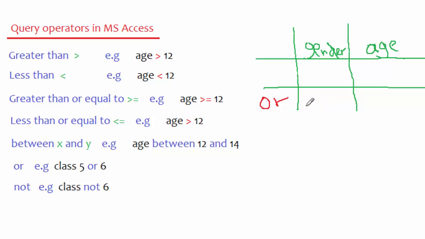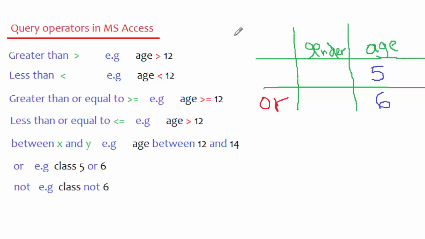So if I want students whose age is 5 or 6, I will just come here and write age 5 or 6, like this. So this is just like saying I want students whose age is 5 and 6, or the other way around.